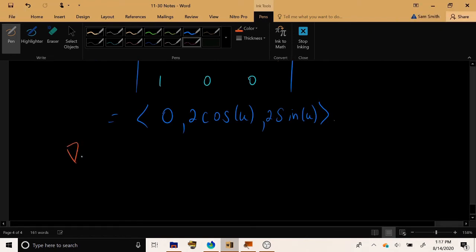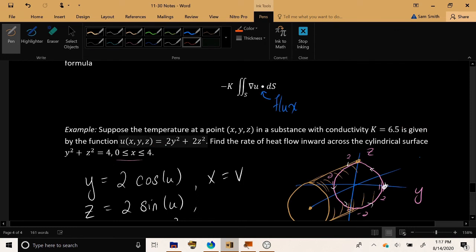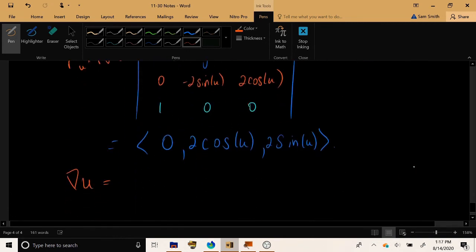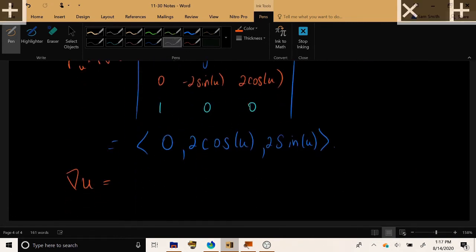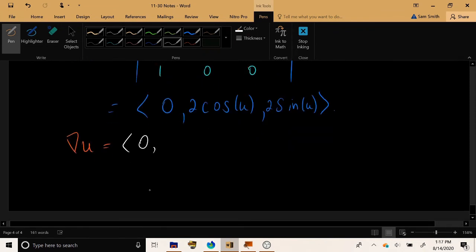So let's leave this here for right now. Our next job is to calculate the vector field gradient of u, where u was given by the function 2y squared plus 2z squared. u does not have any x component, so that partial derivative is 0. The derivative in the y direction is 4y, and in the z direction is 4z.